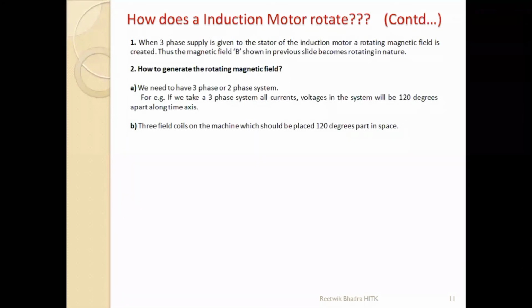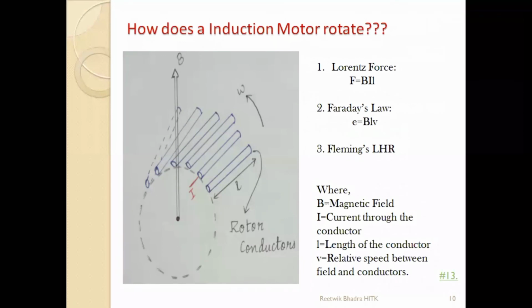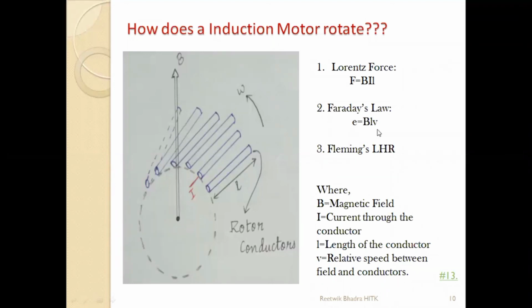That is 120 f by P. Suppose it is 4-pole, it will be 1500 RPM. So this B rotates at 1500 RPM. This one rotates at suppose 1480 RPM. The difference between these is given by slip. This is next day's discussion. That is called slip. So you should remember that there should always be a relative speed.